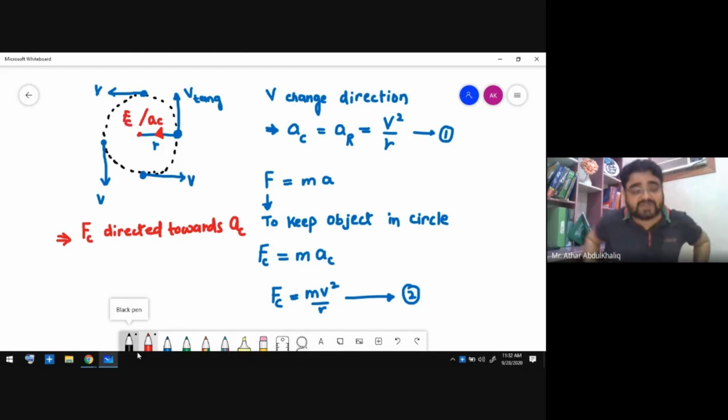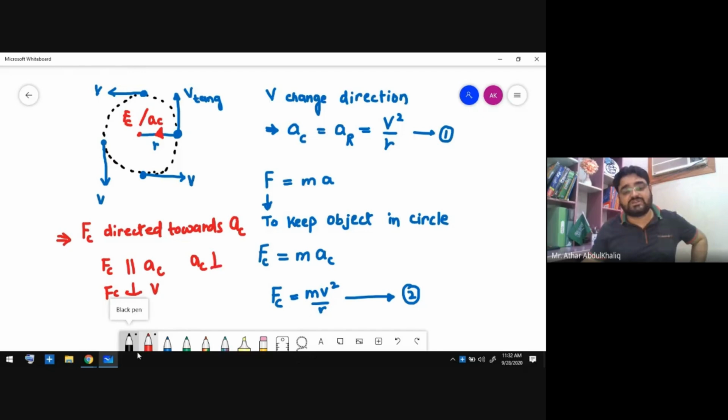If you want the relation between force and velocity, they are perpendicular. Force and acceleration are both along the same line, they are parallel. If you talk about force and velocity, they are perpendicular.